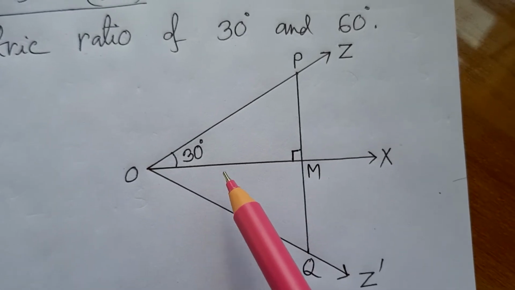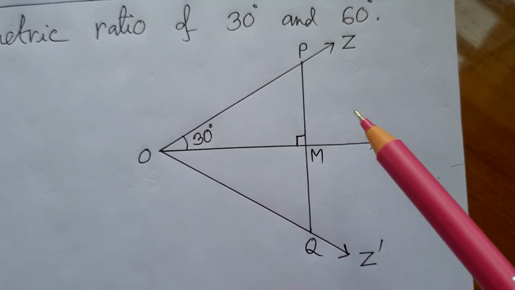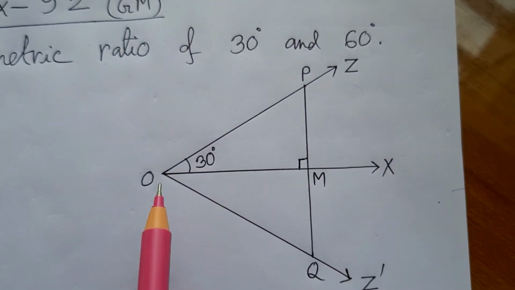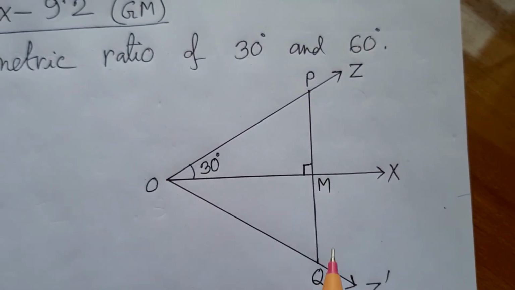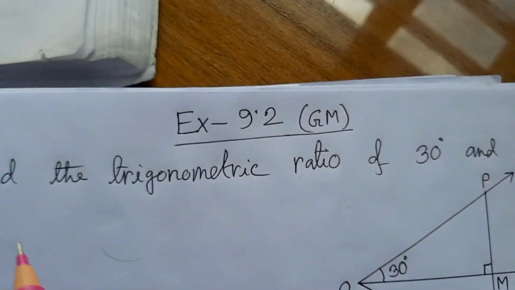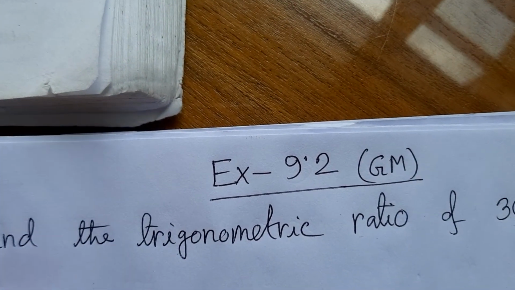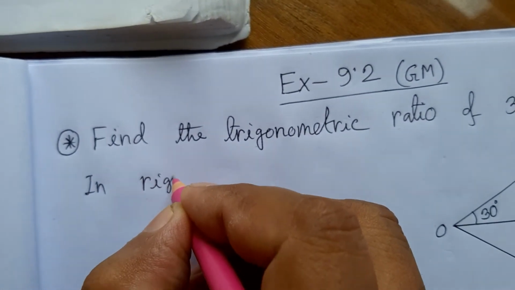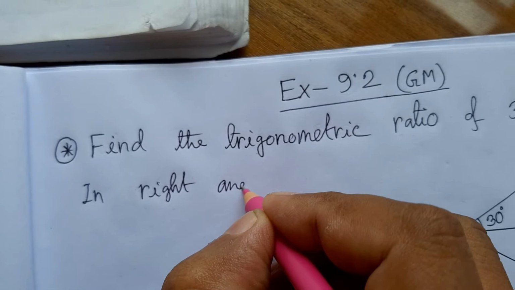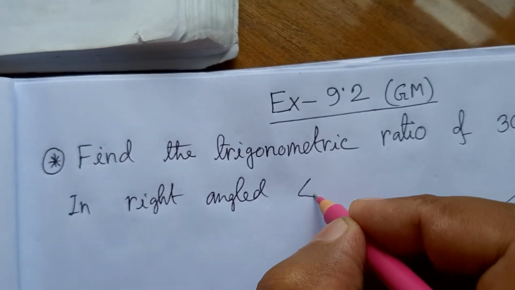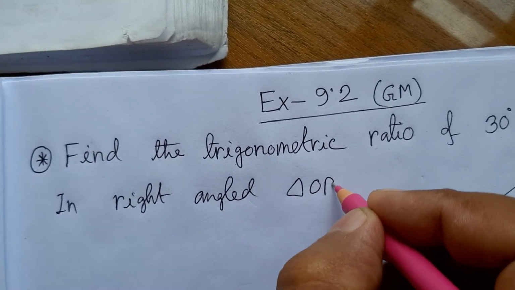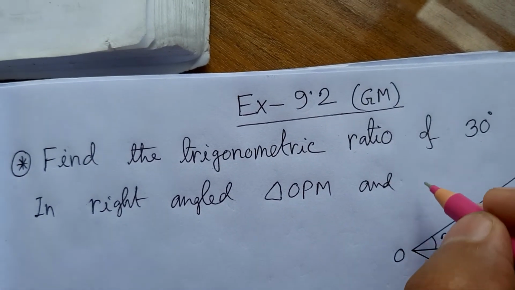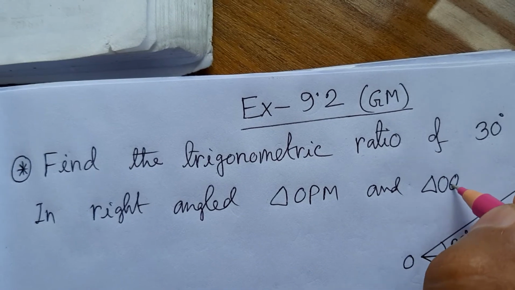To prove this we will prove that triangles OPM and OQM are congruent. So we can write, in right angle triangle OPM and triangle OQM.